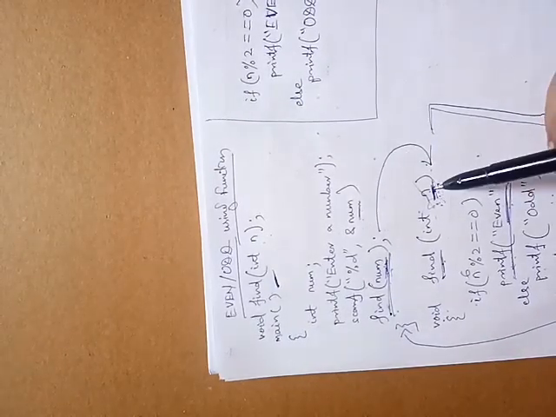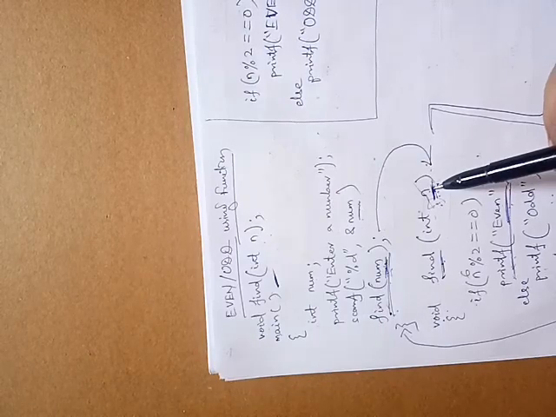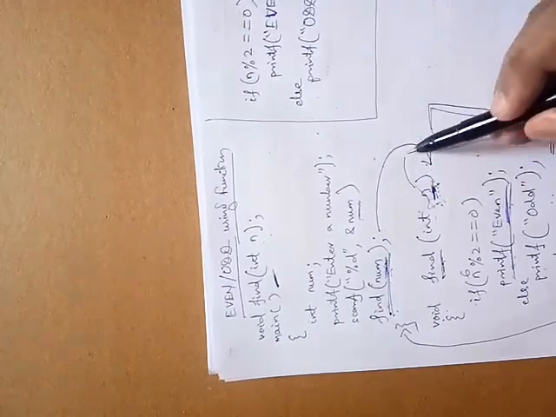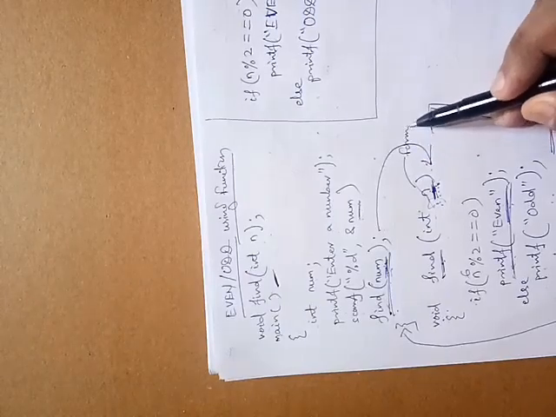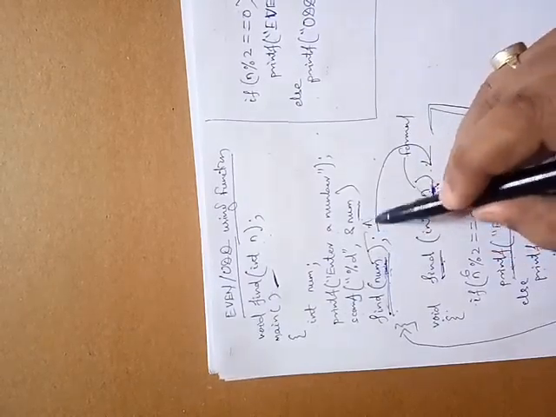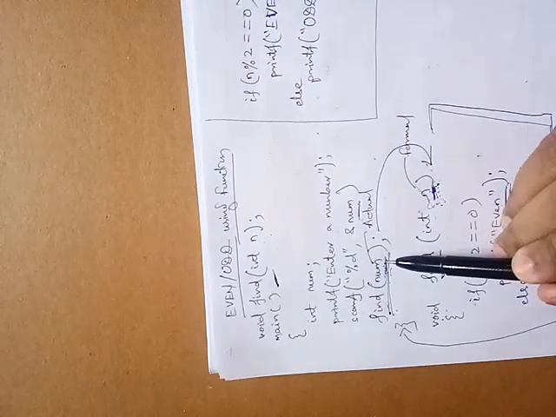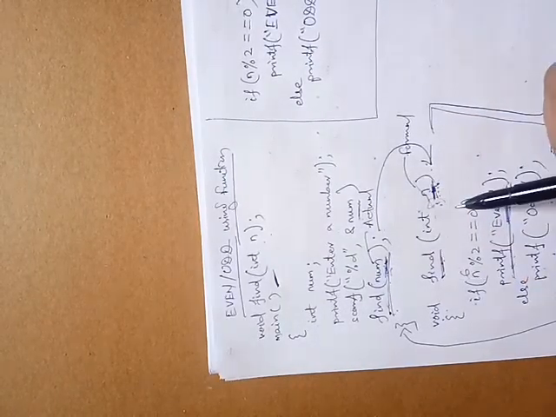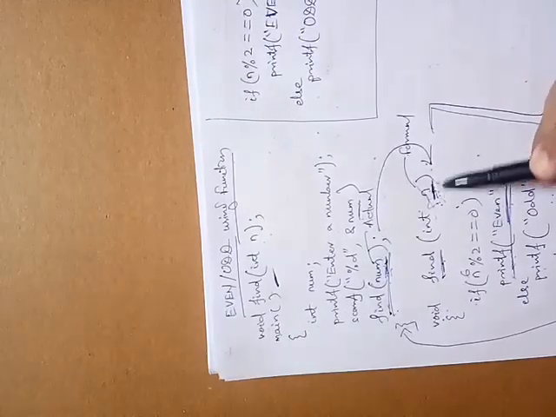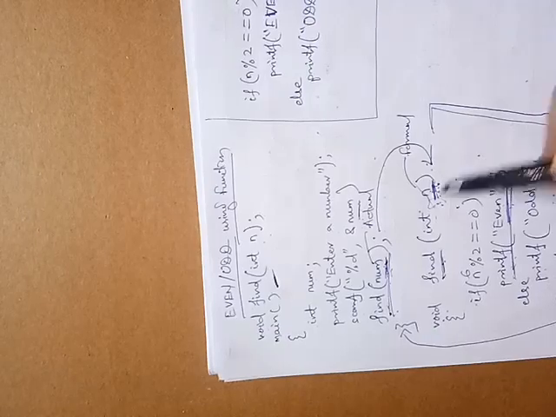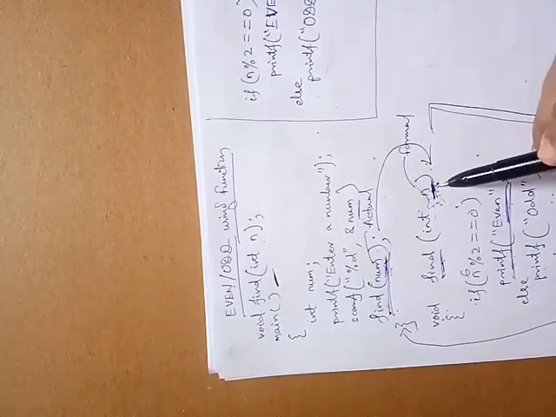The argument used here in the function definition part is called the formal argument or the dummy argument. This is formal, this is actual. This is the actual value that will be sent to the definition part, and this formal argument is used only to accept the values.